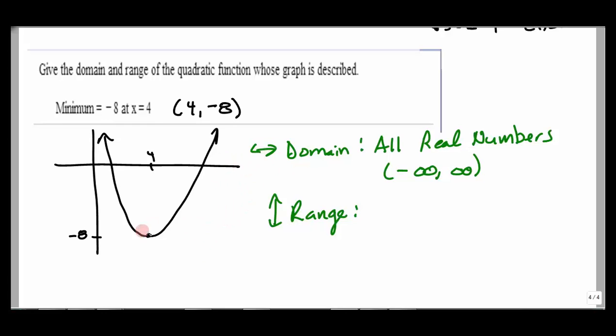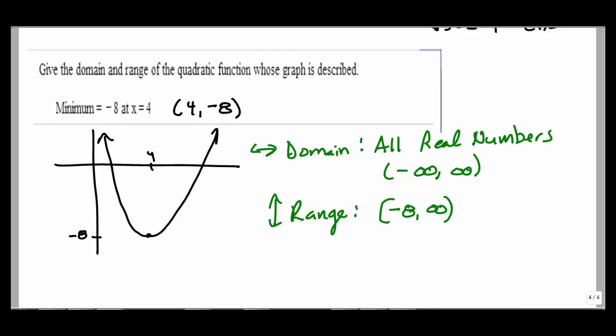So vertically, it looks like I start here at -8 and I shoot off toward positive infinity. I actually reach -8. I don't reach positive infinity. You never reach infinity, positive or negative. So that is where I'd have my parenthesis. So even though I can't graph this with your TI, you can do a quick hand sketch that will give you a lot of information about this.